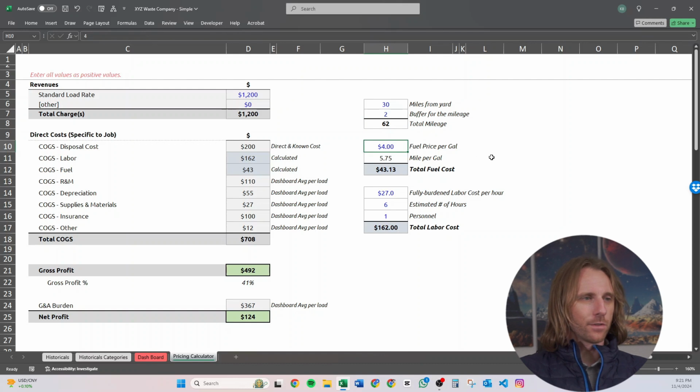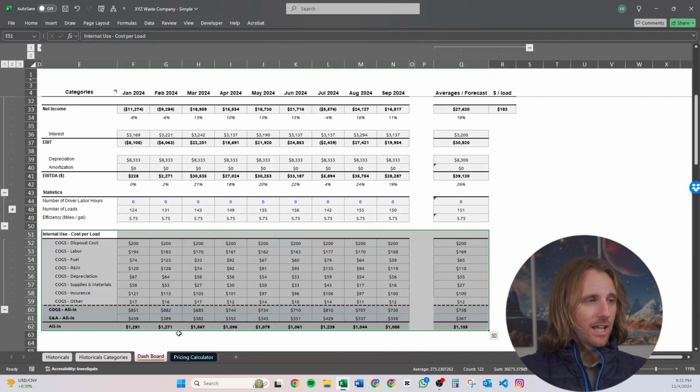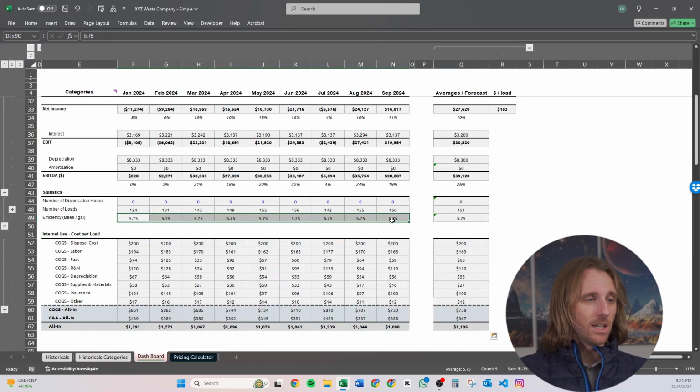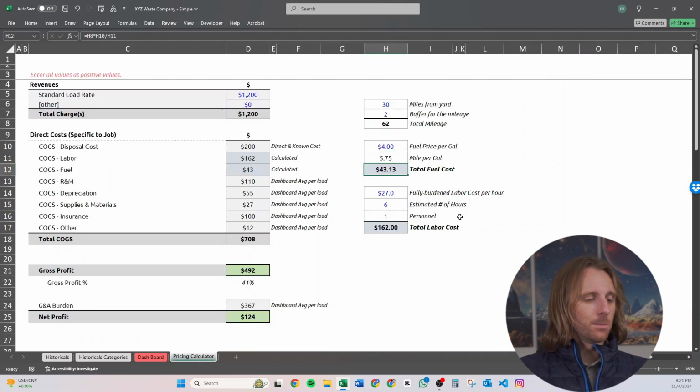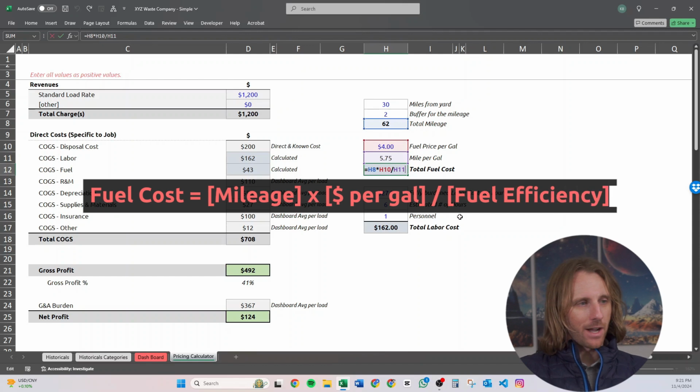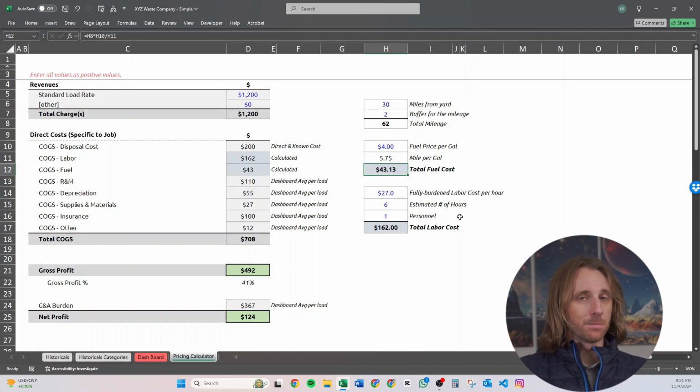Let's say we have $4 fuel price, a 5.75 fuel efficiency, which, if you have actual data in your table over here, you can really see what you're getting from a fuel efficiency standpoint. Then you take the mileage times the fuel price per gallon and divide by the efficiency to get your cost for this particular trip.